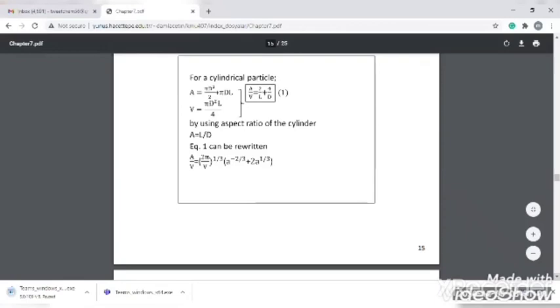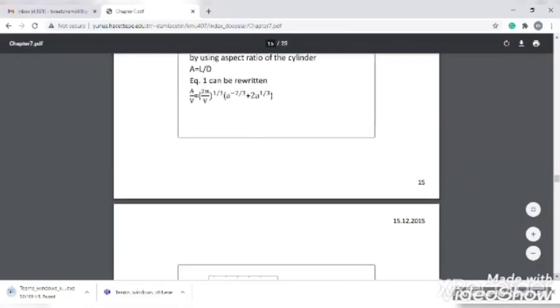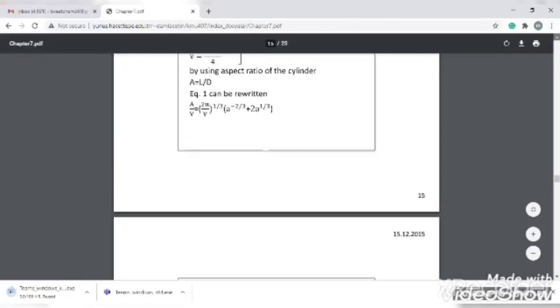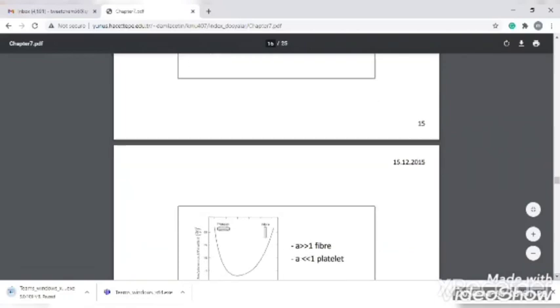Here it is stated that for cylindrical particles the ratio is A equal to L divided by D, and the equation has A and B in circular form, 2 pi divided by B, 1 over 3 A minus 2 by 3 plus 2 A 1 by 3. Where does it come from? Basically this is the ratio for cylindrical particles existing in the polymer.